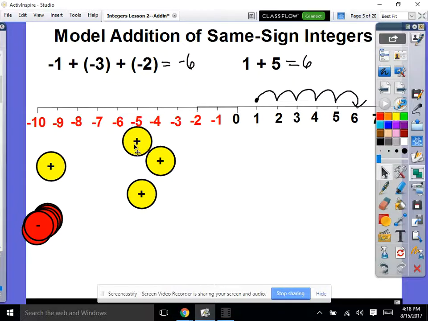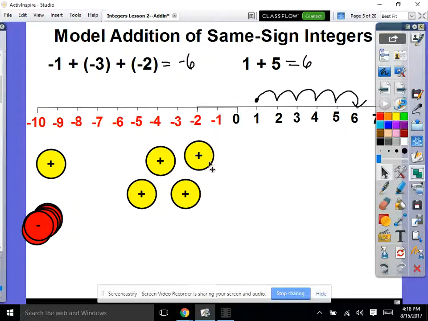I'm dragging from the wrong one, it looks like. So 1, 2, 3, 4, 5. Sorry about that. But we do have 6 positive counters.